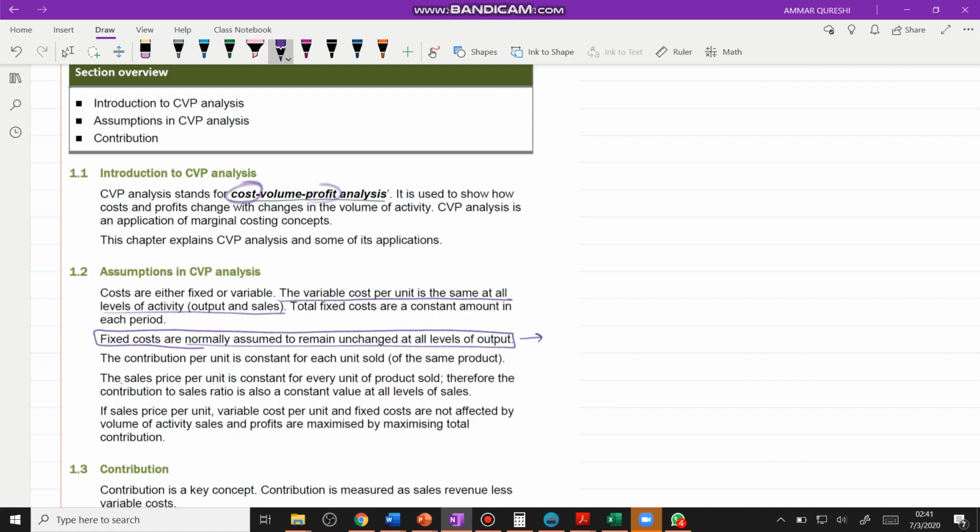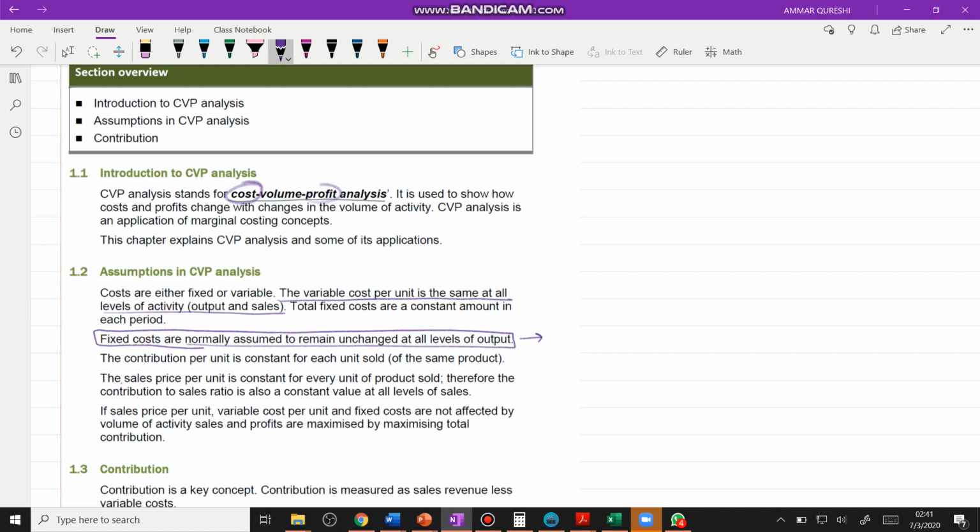Or if you purchase a big quantity of material, you may get some discount. So we are not assuming that labor cost will increase after 500,000 units, or that material cost may decrease after 500,000. We are not assuming anything like this.